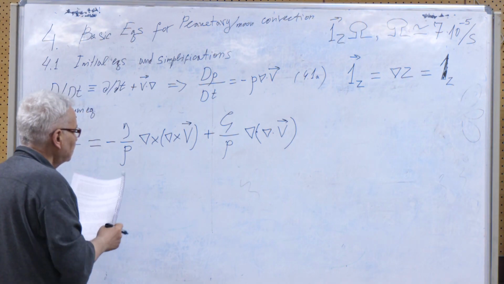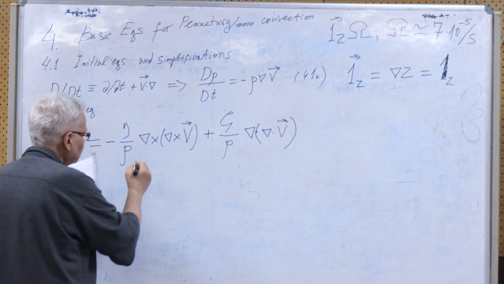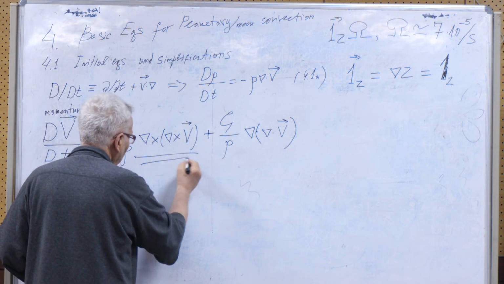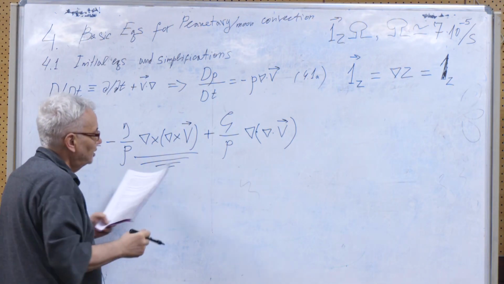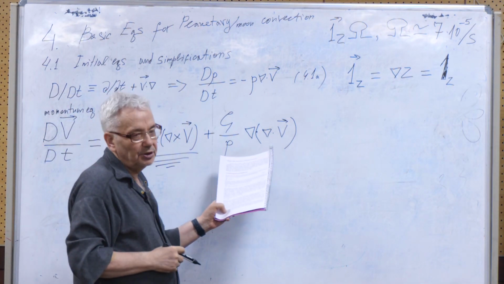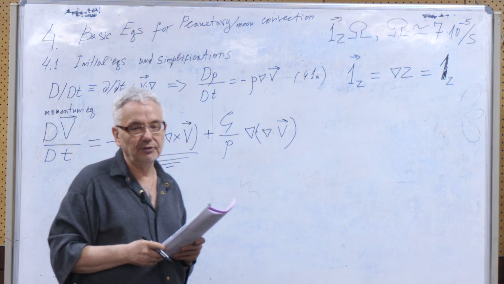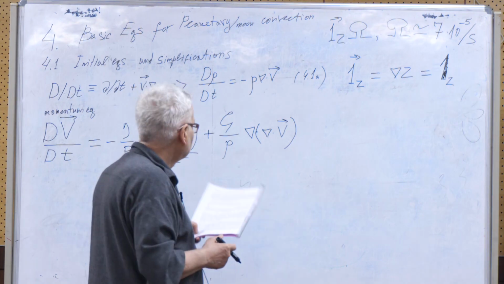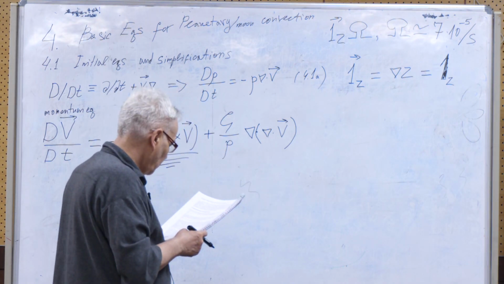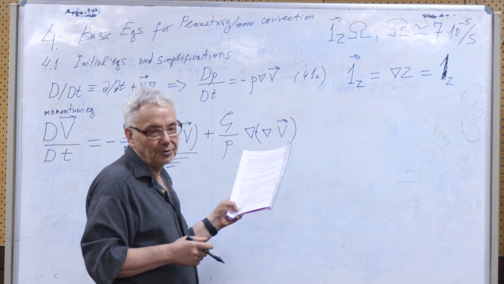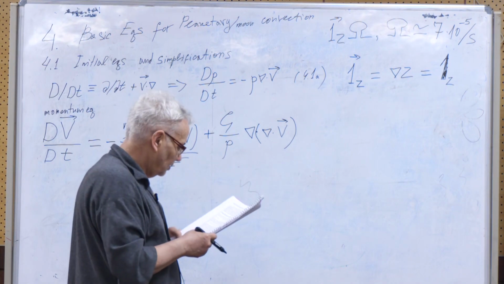So in the Earth case, of course, this term is the least important. It becomes more important in the stars or elsewhere, but mainly in the application which we consider with you, it will not be so important. But let's keep it for the moment, because we start from the very beginning.